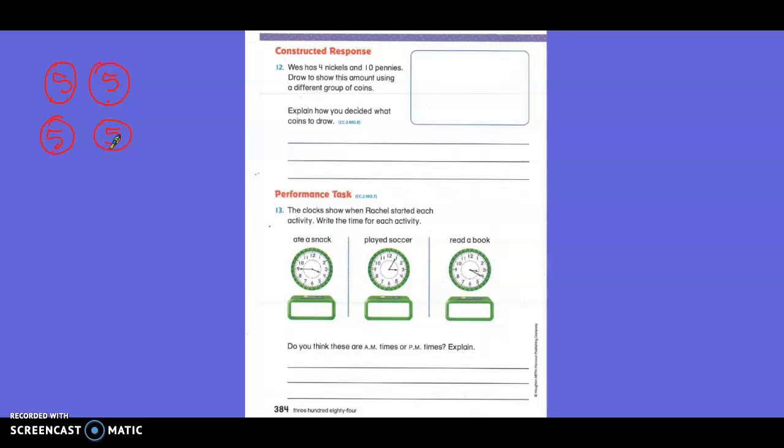What's a different way? Grayson? A quarter and a nickel. Okay, quarter and a nickel. Explain how you decided what to draw. A quarter is 25 cents.